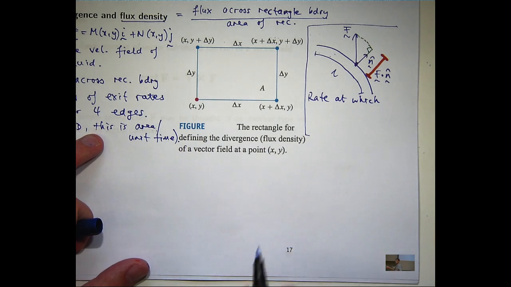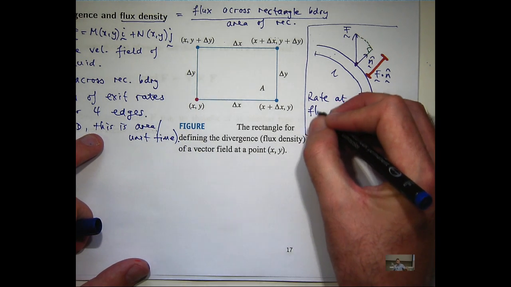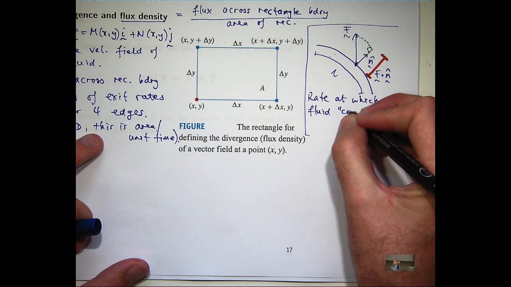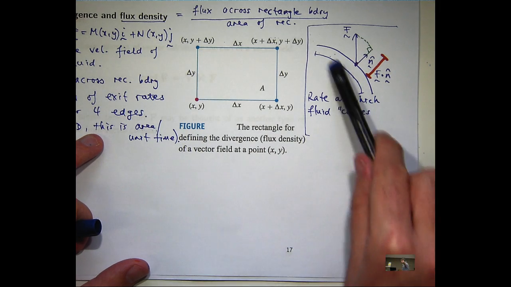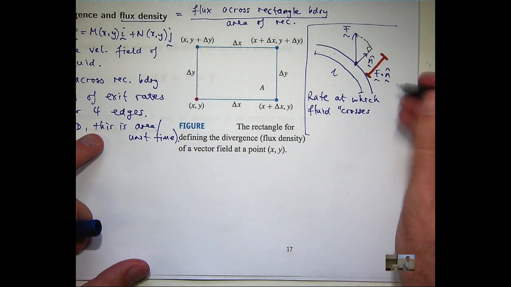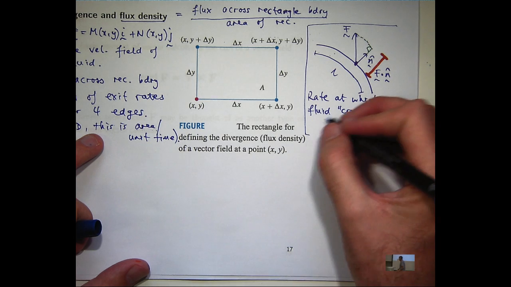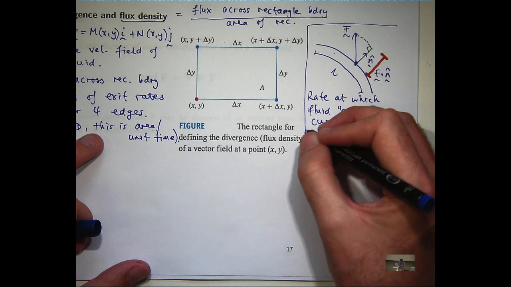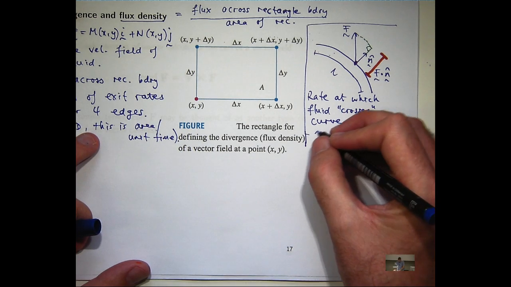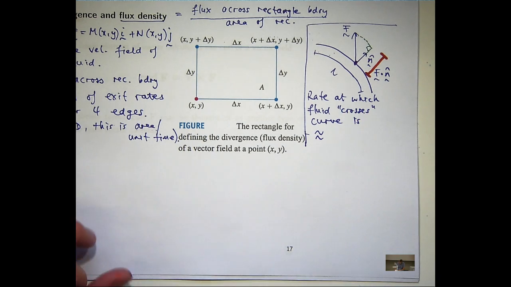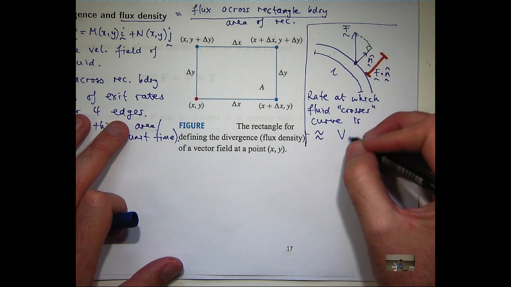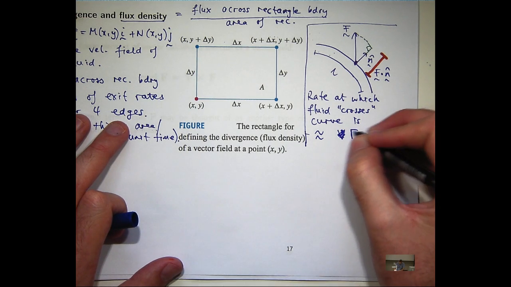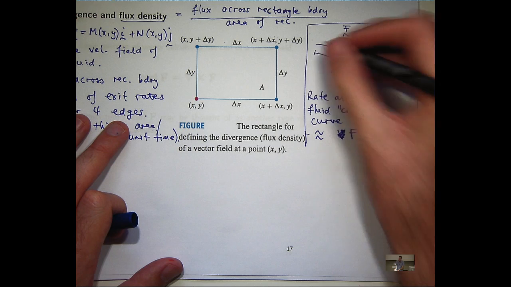The rate at which fluid crosses, in this picture it's going from this side to this side, the curve is approximately equal to this distance times the length of the curve.